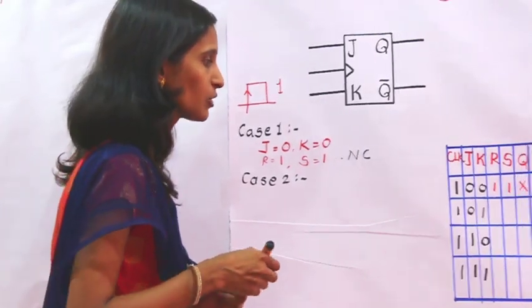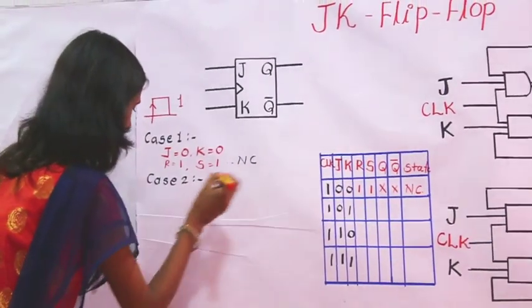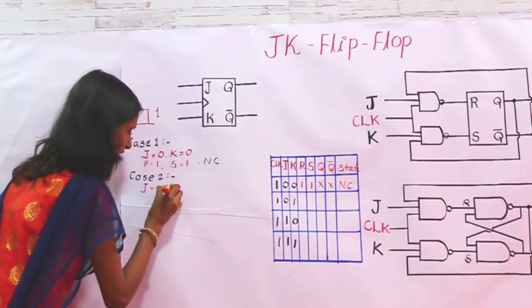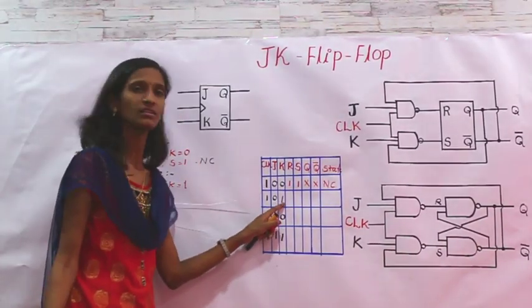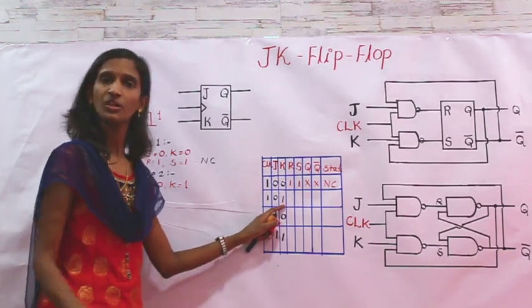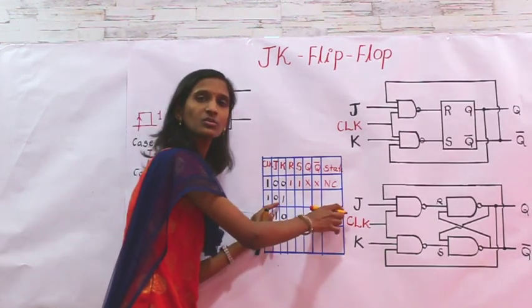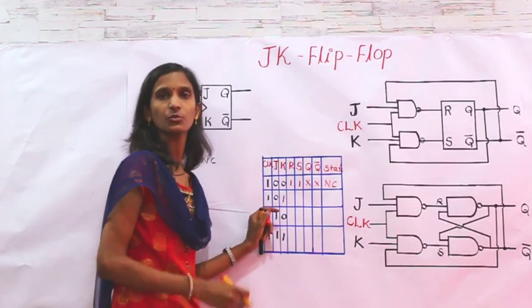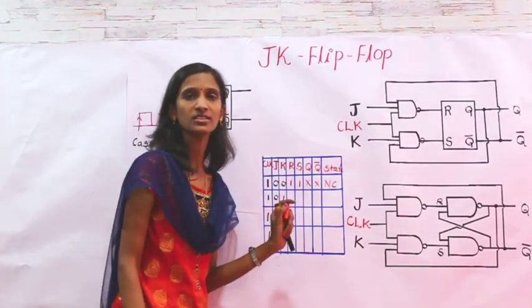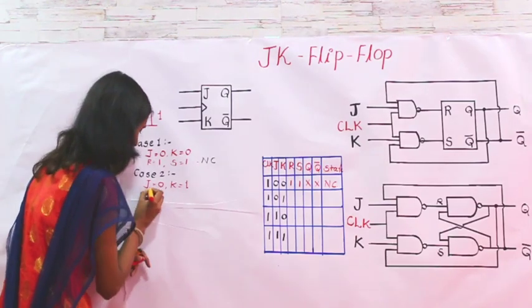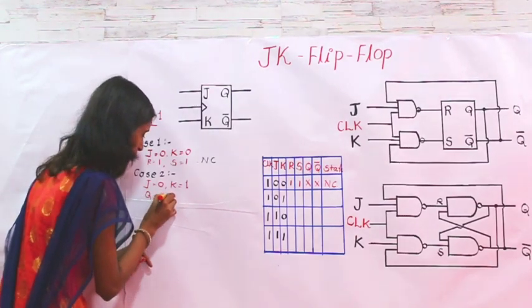In case 2, I will take J as 0 and K as 1. In this case, to understand the operation, we have to approach from the output side. For this case, I assume Q is equal to 0.